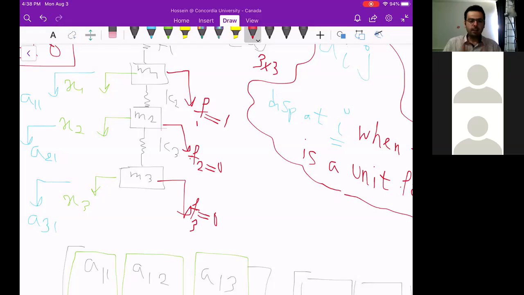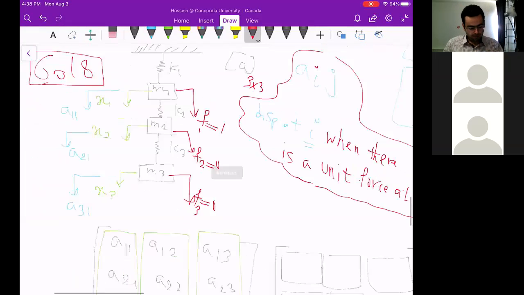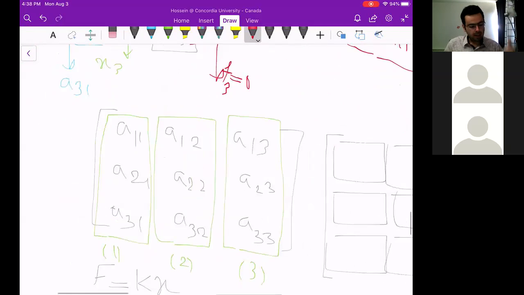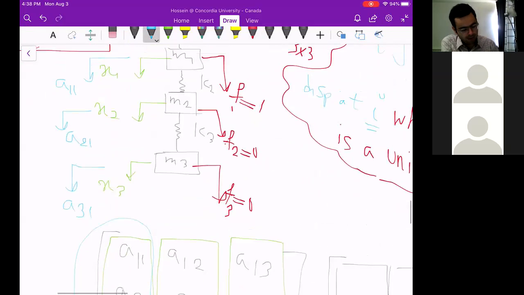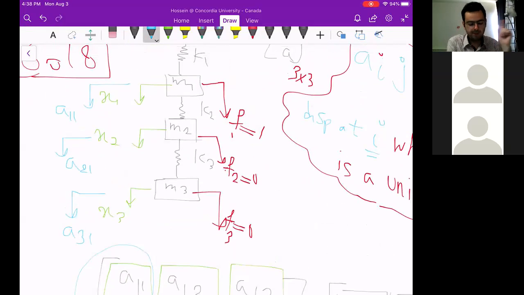For the first column, A11, A21, and A31, you have to only apply unit force at mass 1. There is no external force at mass 2 or 3. There is only one force in the whole system, just one at mass 1.